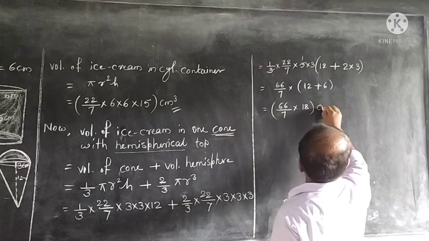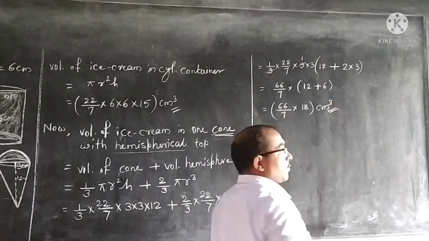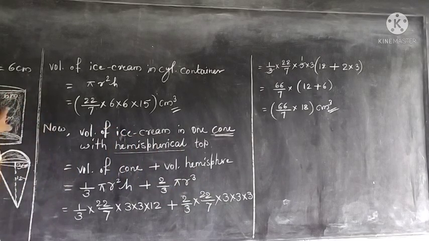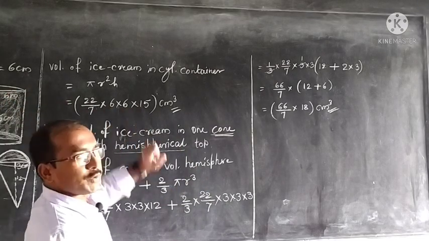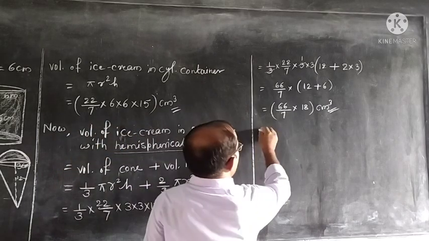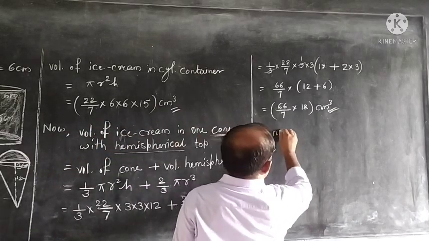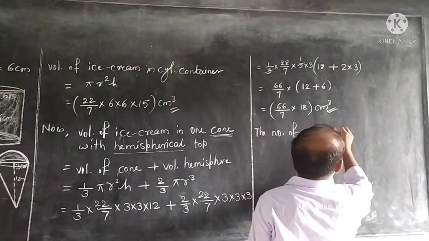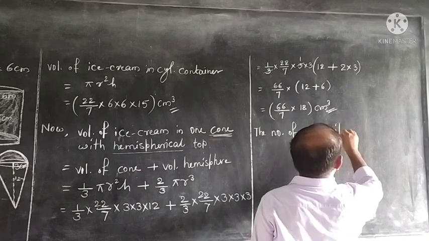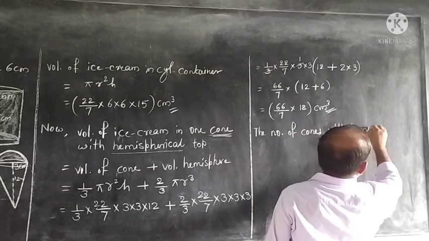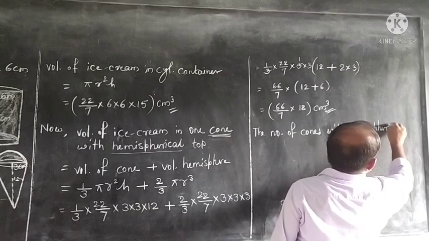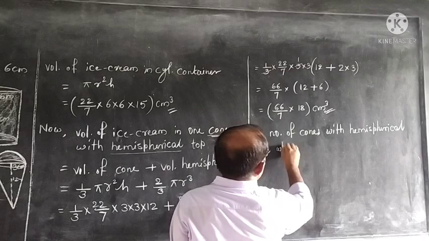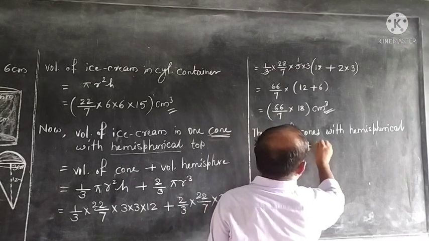So, this much ice cream is the amount needed for one cone, and the total amount of ice cream here in the container is 22 by 7 into 6 into 6 into 15 centimeter cube. So, finally, we can now find the number of cones with hemispherical top which can be filled with the ice cream.